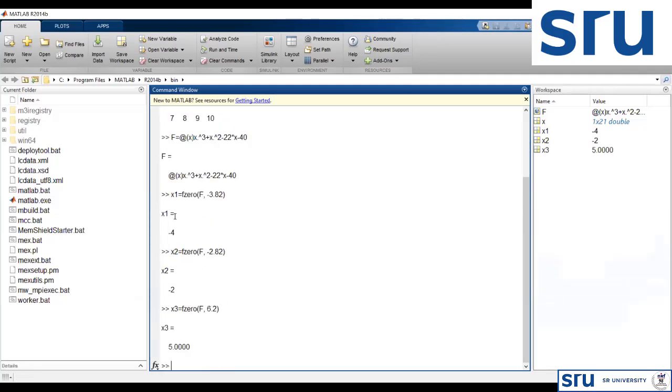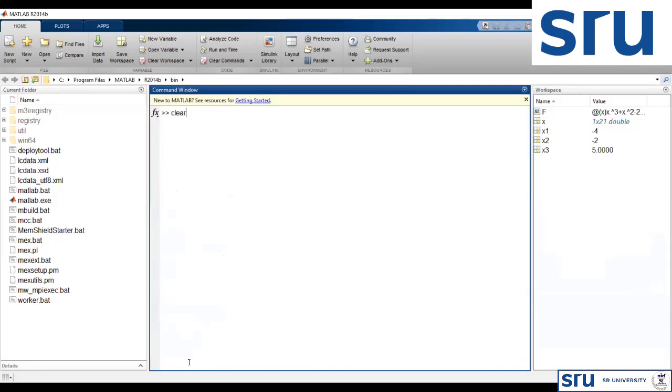Now you got the first root, second root and third root using the anonymous function. Here f is nothing but the anonymous function that you are passing. So this is a way of how to pass an anonymous function and the direct string method. Is there any doubt? Yes.